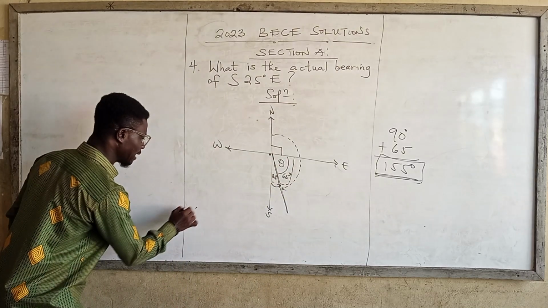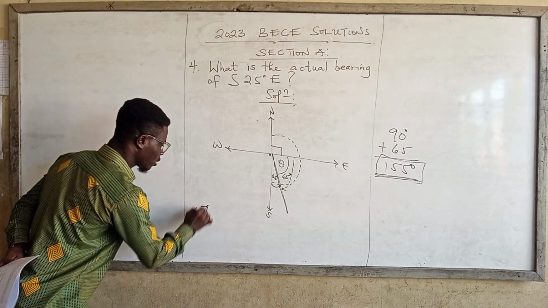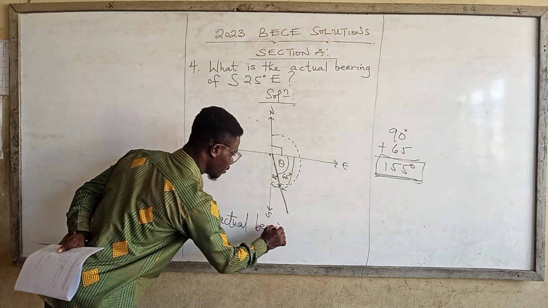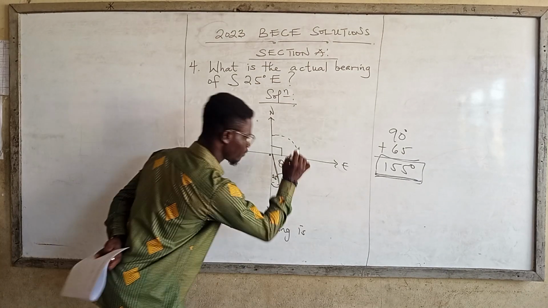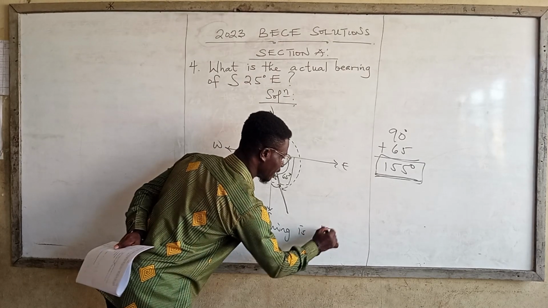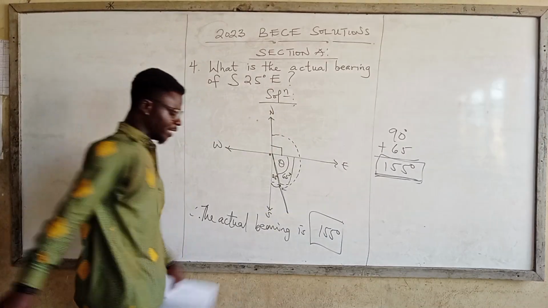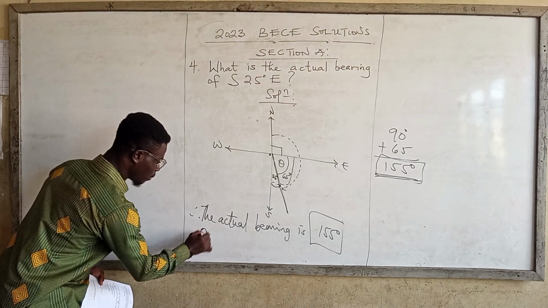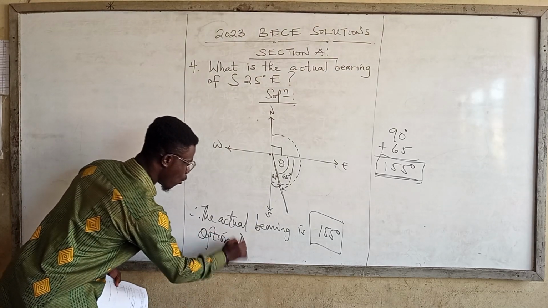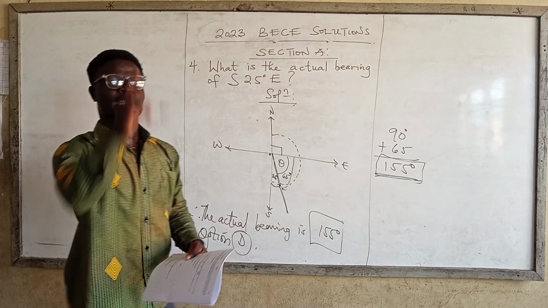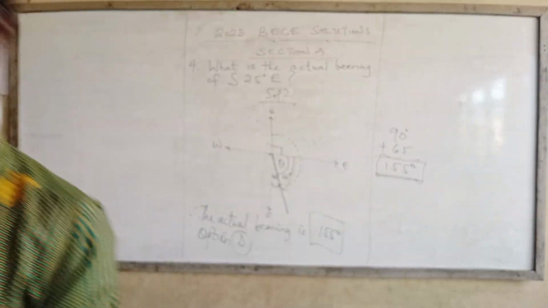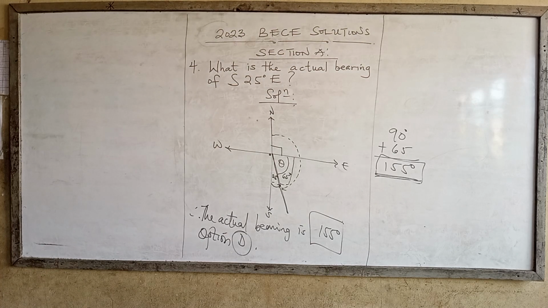So therefore the actual bearing is 155 degrees, which is option D. Option D for dog. So now let's proceed to question 5. That's our last question.